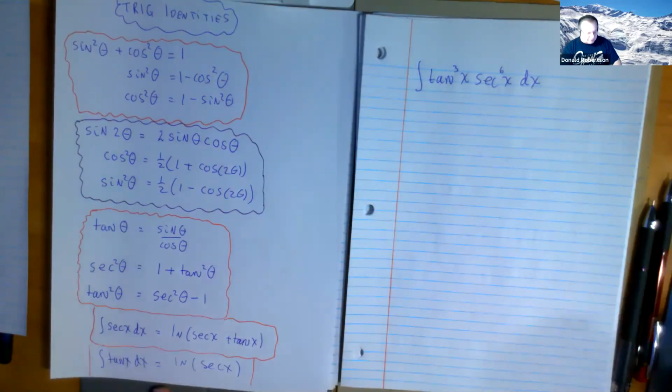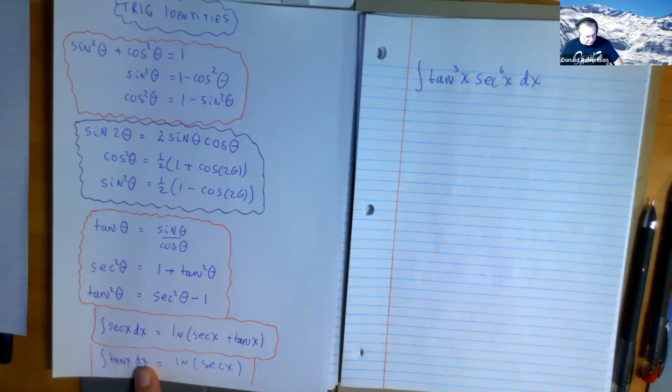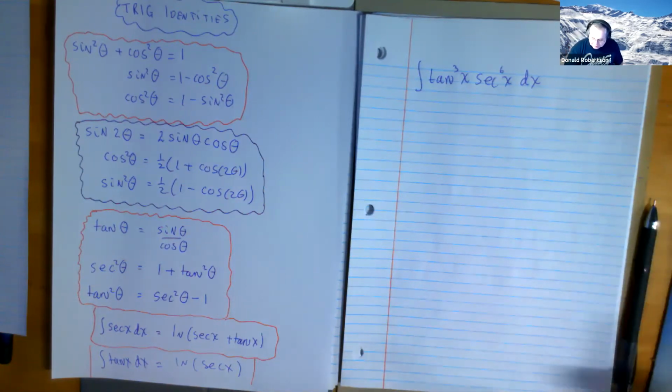Oh, by the way, I've added that the integral of a secant is this guy and the integral of a tangent is this guy. Just in case you end up doing a u sub and there's a little secant left over or a single tan left over, right? I could imagine that might happen sometimes.